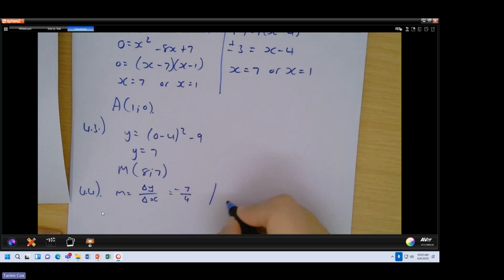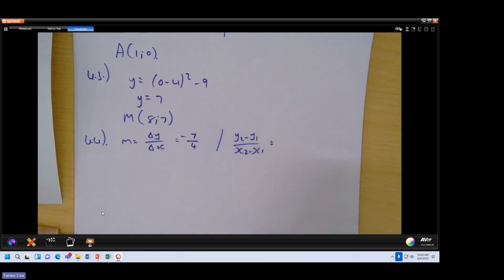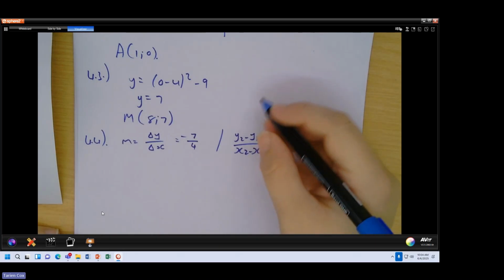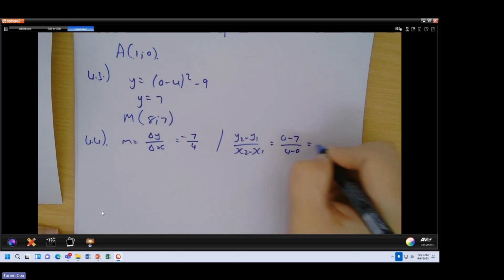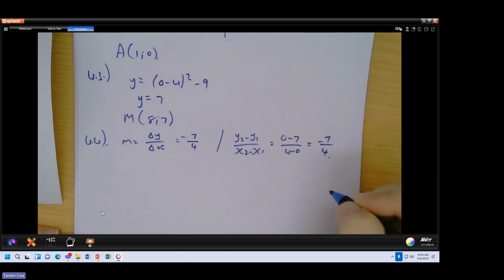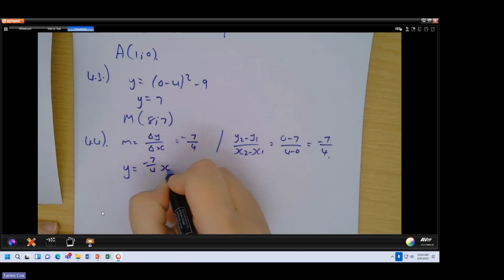Or you can say y2 minus y1 over x2 minus x1, which we normally don't need in paper 1, but you are allowed to use it. This gives 0 minus 7 over 4 minus 0, which is -7/4. Same situation. So now I've got my gradient, and the equation will be y is equal to -7/4 x plus 7.